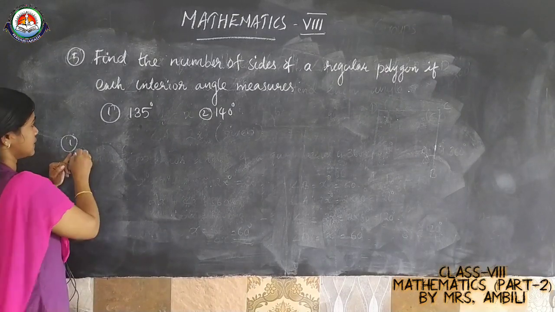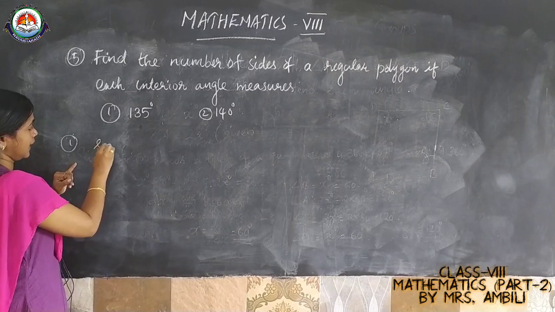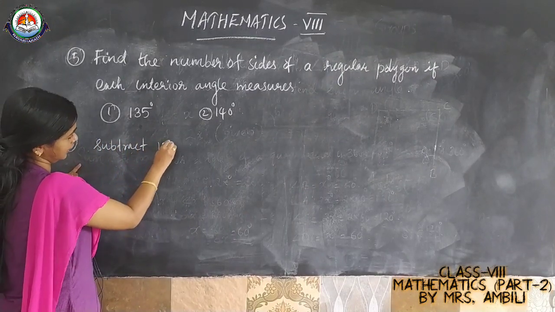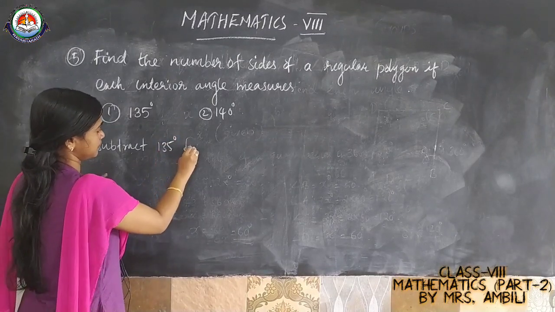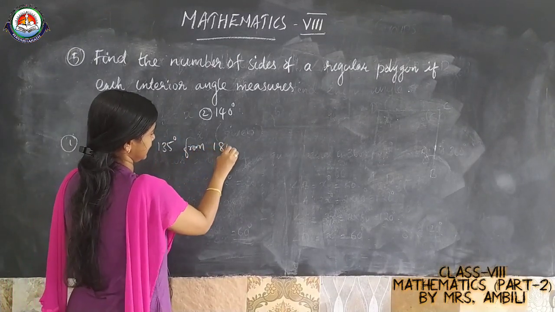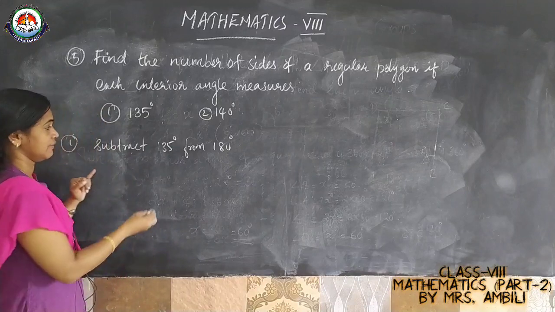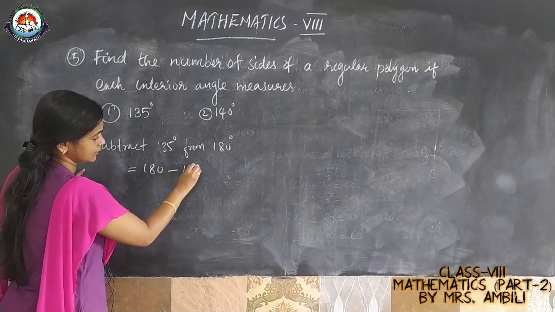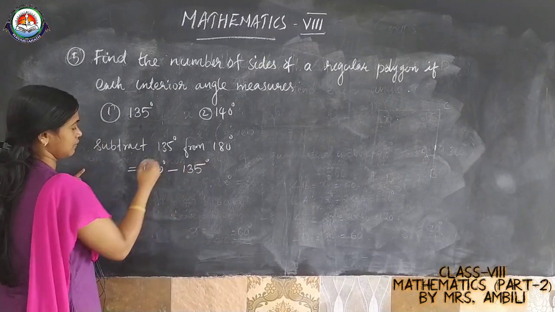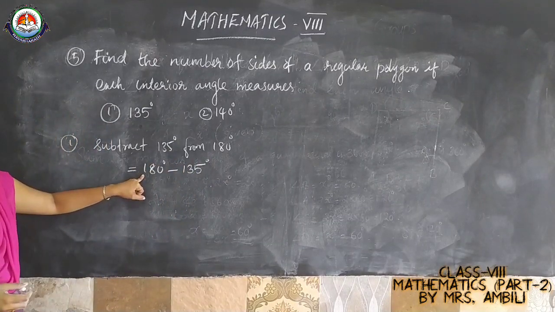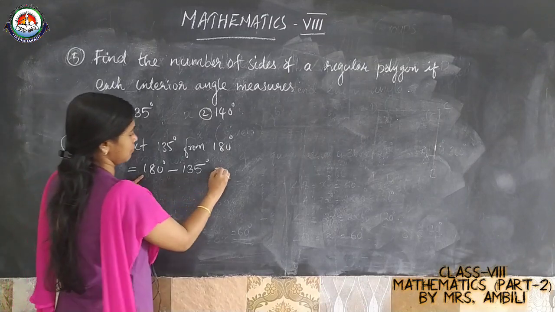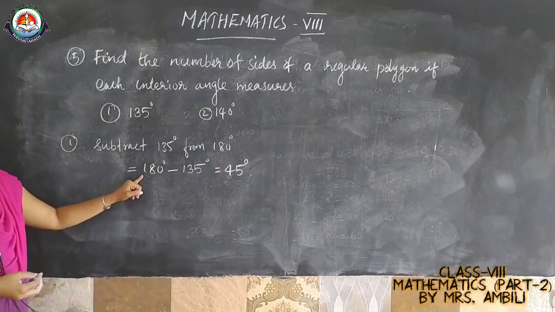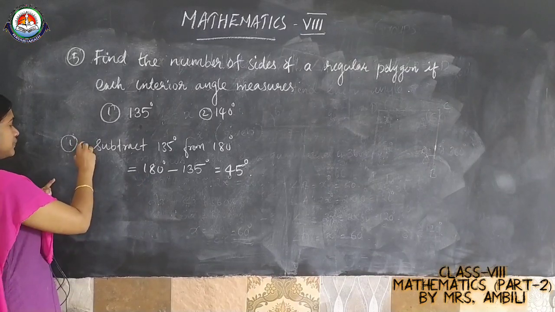So write first step, subtract 135 from 180 degree. So what we will get? 180 minus 135. How much? 45 degree. Okay, this is first step.